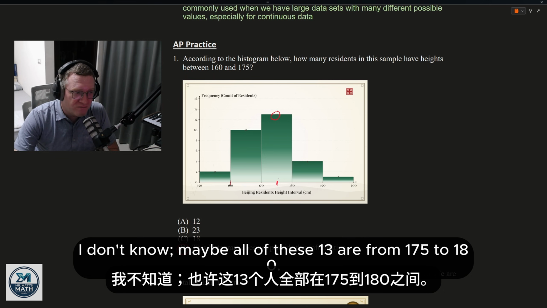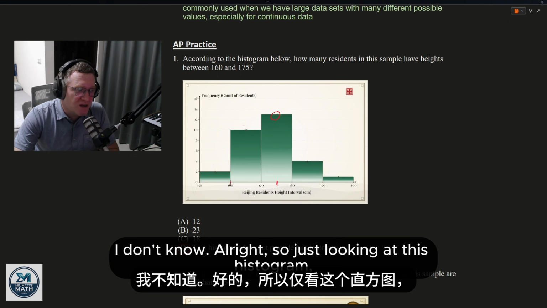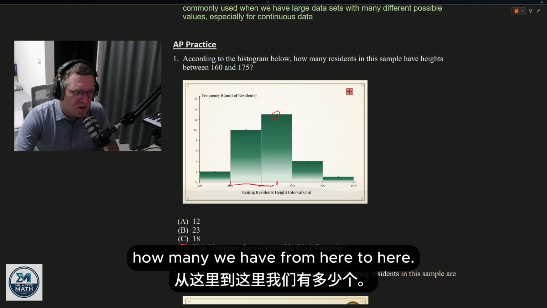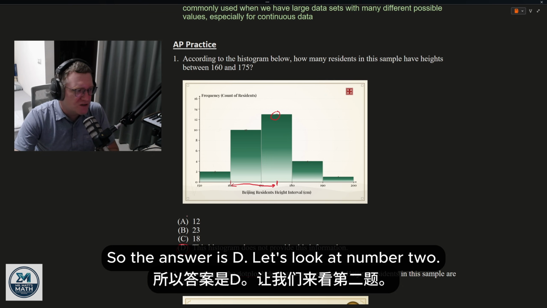Maybe all of these 13 are from 175 to 180. I don't know. So just looking at this histogram, this does not give us enough information to know how many we have from here to here. Okay, so the answer is D.